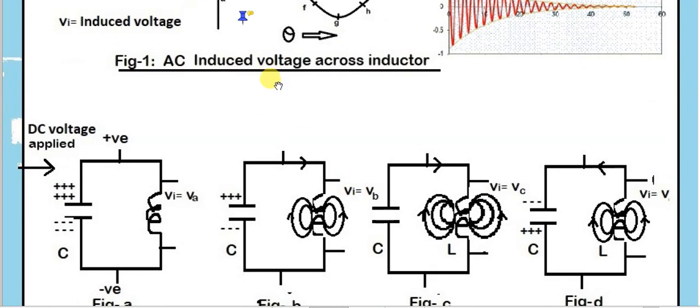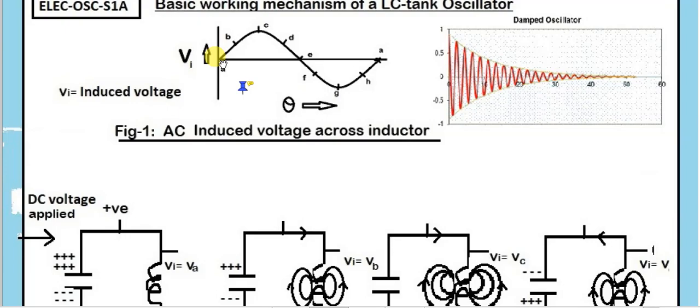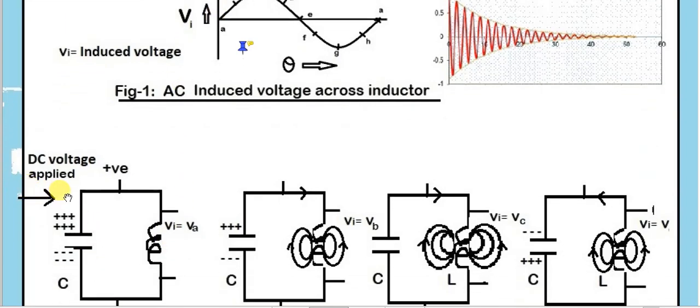Let's start with the output here. Initially, we supply DC voltage to this LC tank circuit. What happens is that the capacitor is initially empty and it offers a zero reactance.